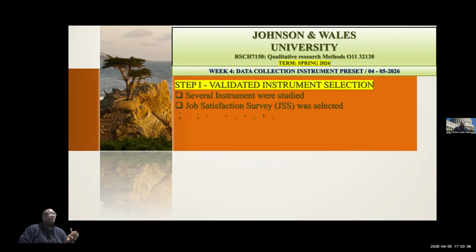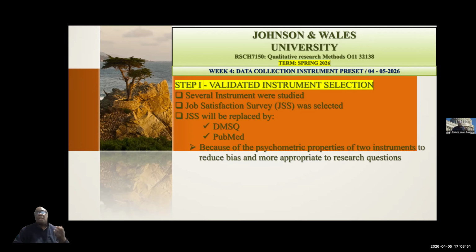Unfortunately, I had to replace the GSS with the DMSQ and the PubMed in order to get the result that I want. Most importantly, as I said on the slide, the psychometric properties of these 2 instruments can reduce bias and are more appropriate to the research. I need more appropriate responses to the research questions.